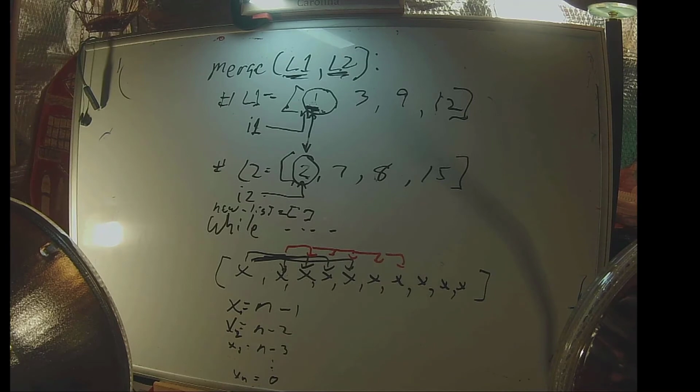Yeah, but it's still O of n squared. Right. Well, there's n of these, right? So you have to do an operation for all of these. And now let's figure out what the average number of operations is. Well, this is a sequence, right? This is 0 plus 1 plus 2 plus up to n minus 1.